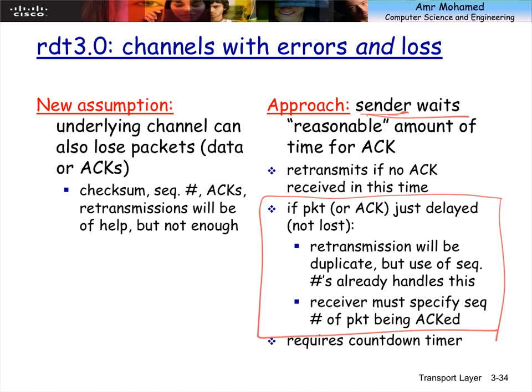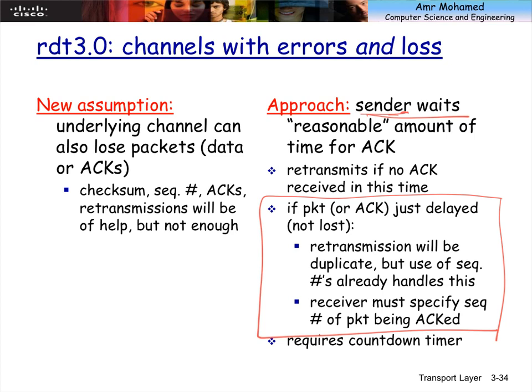So I waited for some time, and after this time is finished, I need to retransmit. But actually, it's not that the packet or the acknowledgement were lost. They were only delayed. So this means that the timeout that I waited was not enough. If I had waited for a longer time, I wouldn't have to retransmit.